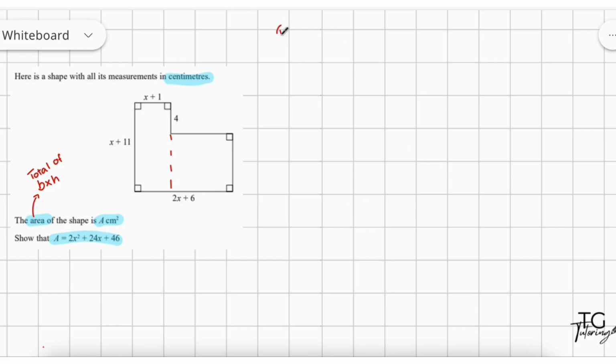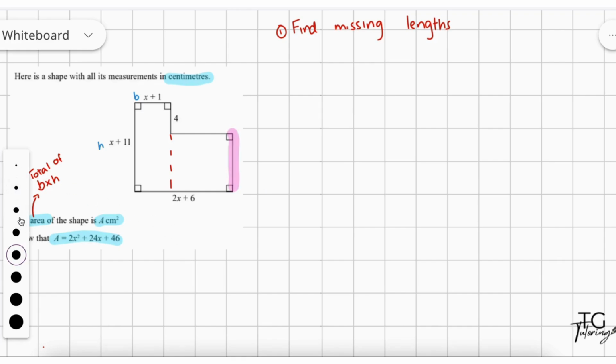And the first thing is to find any missing lengths that I need to find the area. For this rectangle here, I'm actually okay because I have the base and I have the height. It is this rectangle here that is missing its lengths. To find that length, I would do the long length here minus 4, because this length, this side and that side would total to make this side here.